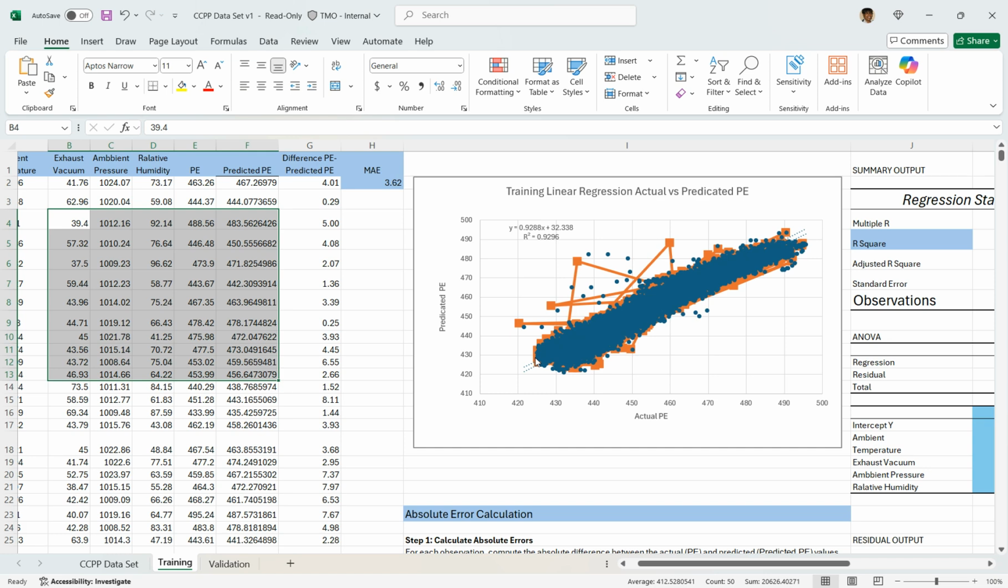You will also see the R squared, which is 0.9296. This indicates the portion of the variance in the dependent variable that is predicted from the independent variables. So basically, we're comparing and looking at the proximities.